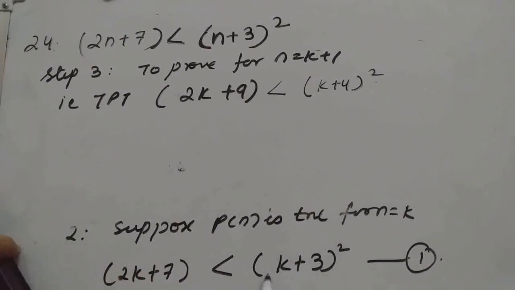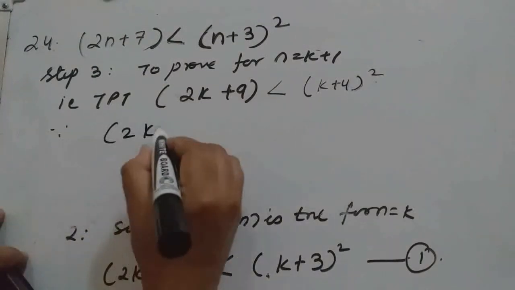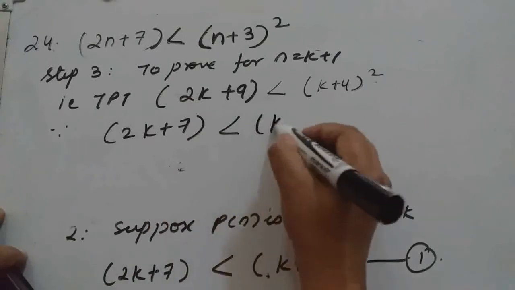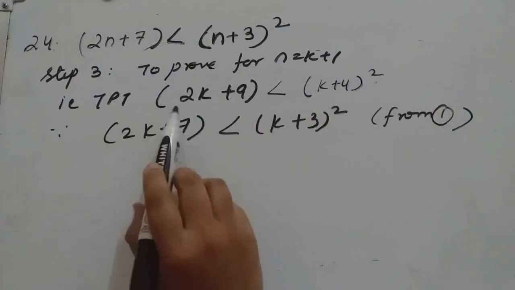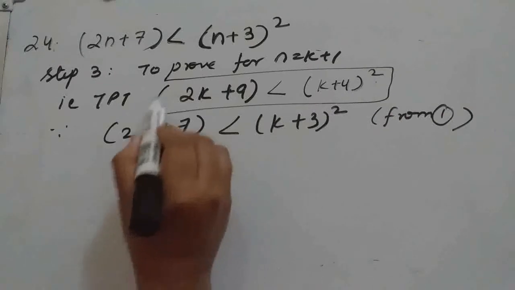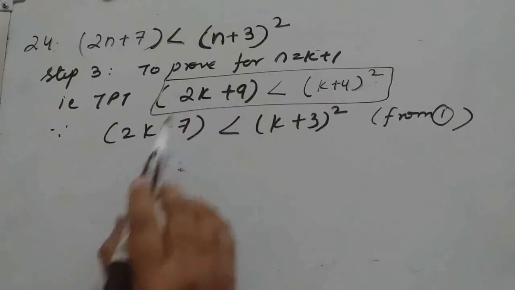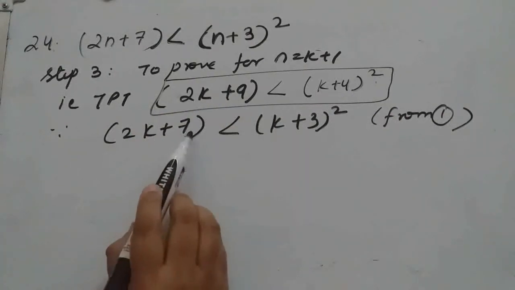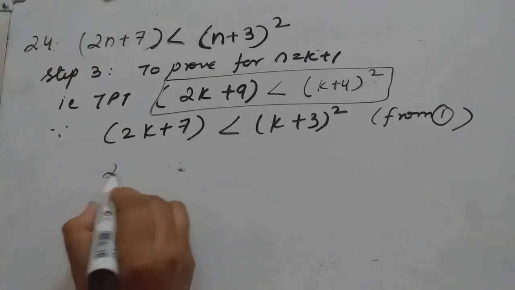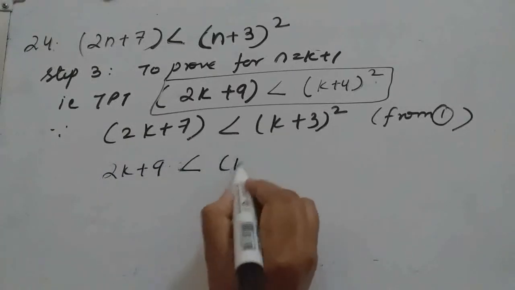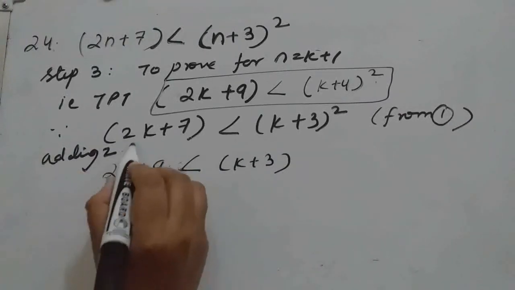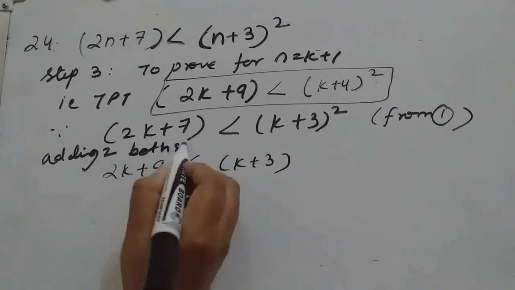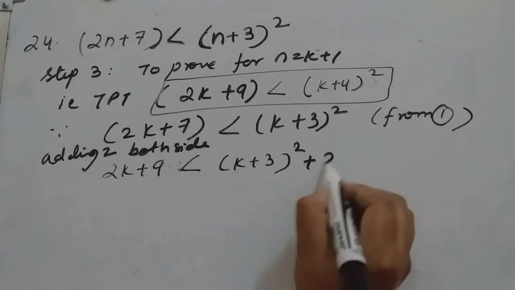So we'll start from equation 1. Since 2k plus 7 is less than k plus 3 whole square, okay, from 1 we can write. Now in this expression which we have to show, 2k plus 9 is given. Here 2k plus 7, so we can add 2. So we should add 2 to both sides. So 2k plus 9 and k plus 3 whole square plus 2, isn't it?